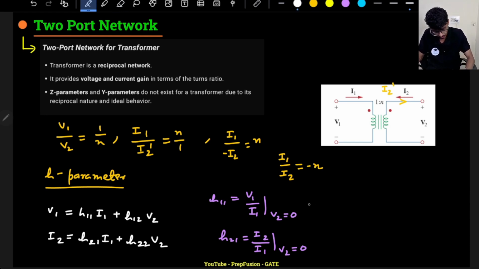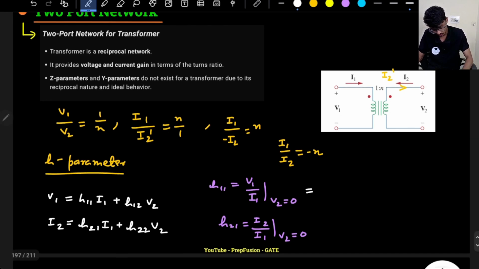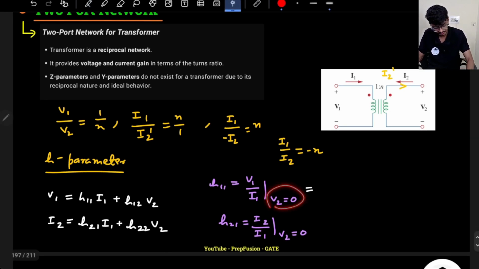Okay, so from here I can directly find the values. What will be my H11? H11 equals V1 by I1. When V2 is 0, of course V1 also will be 0, because if I'm not giving any voltage here, it is just a linear multiplication of the other voltage.